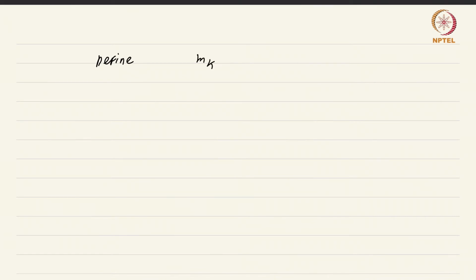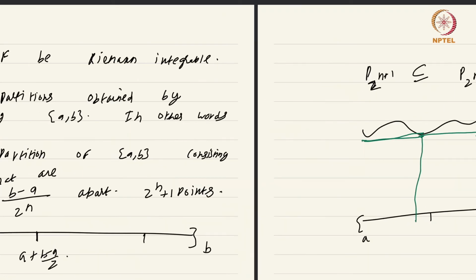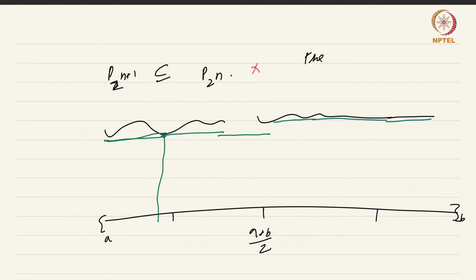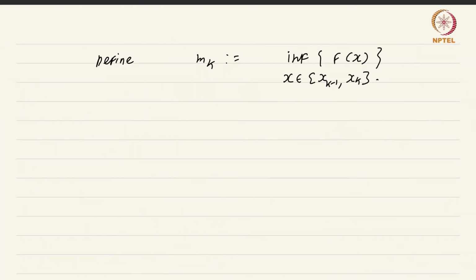Okay, so what we are going to do is we are going to define mk by definition to be the infimum of f of x as x runs through [xk minus 1, xk], where we are denoting the various points of the partition. The points of the partition, there are 2 power n plus 1 of them, are denoted xk.